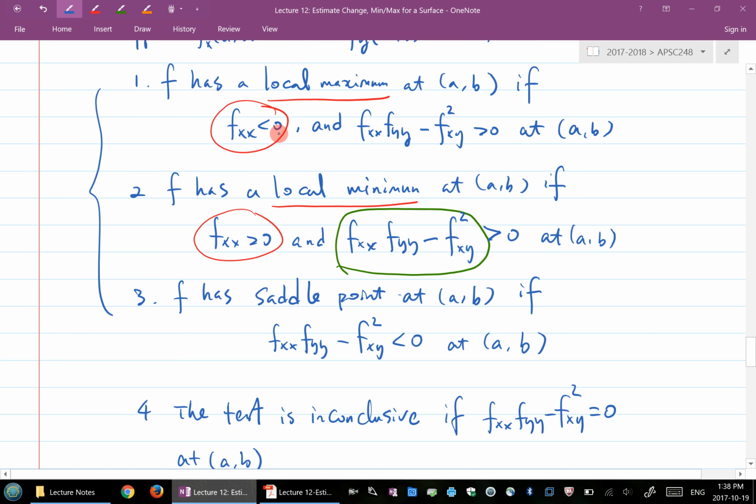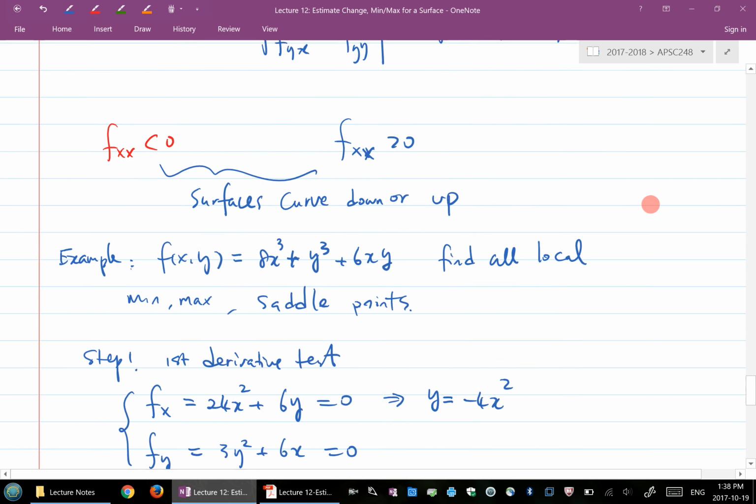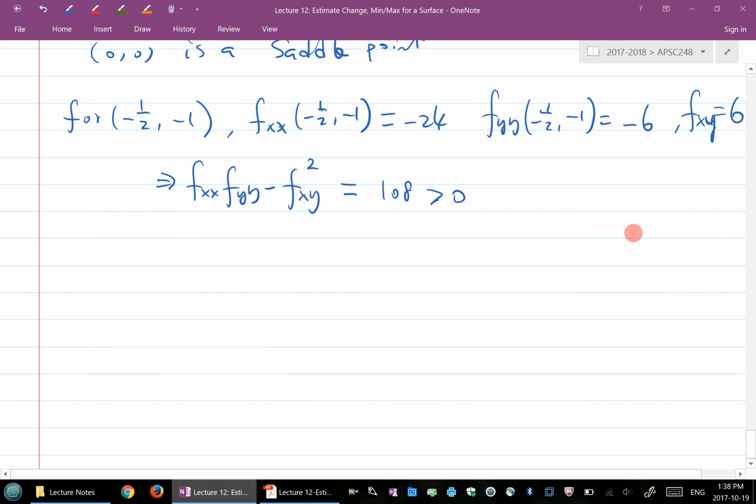So then this location (a, b) gives us a local maximum. So we get (-1, -1/2, -1) is a local maximum. Okay, maximum.